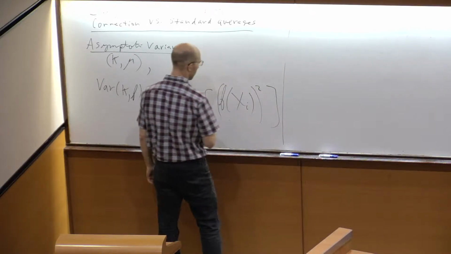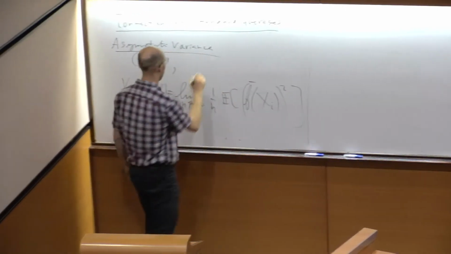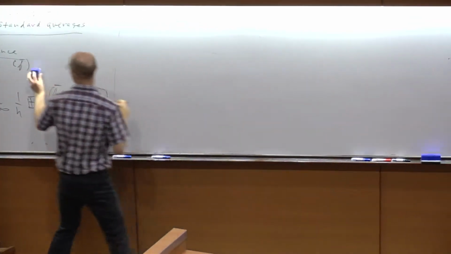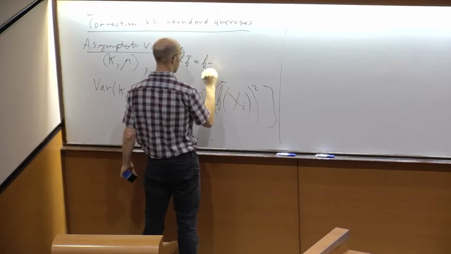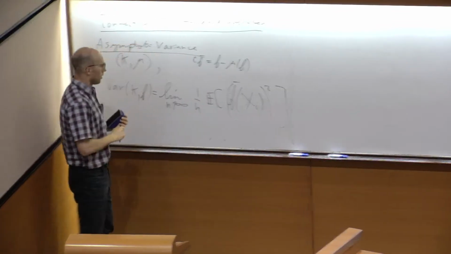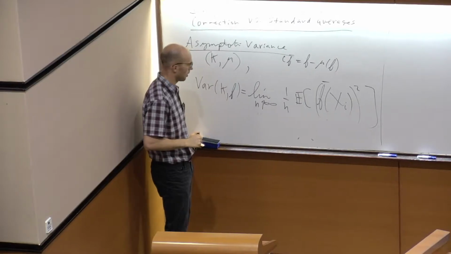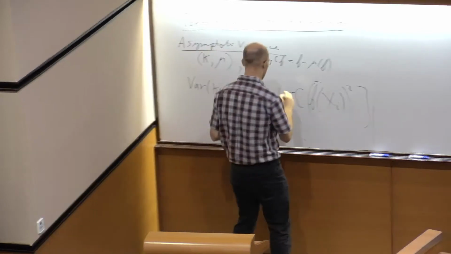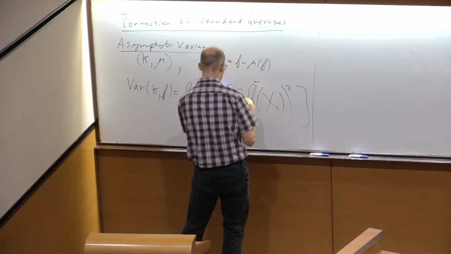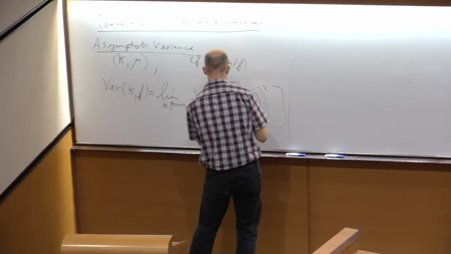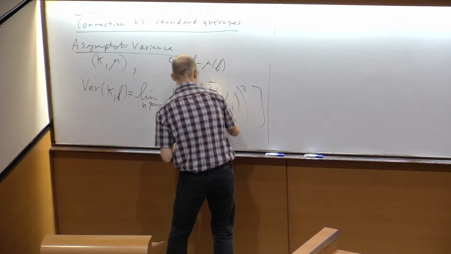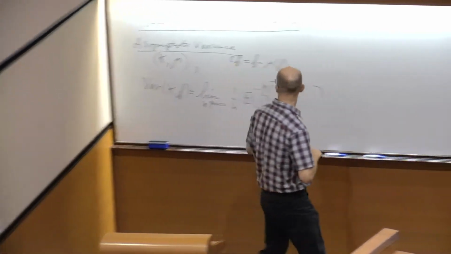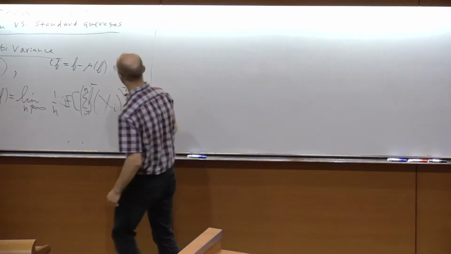It's this variance, and I'm going to look at mean zero, so f bar is equal to f minus its mean. Let's see if we can expand this.